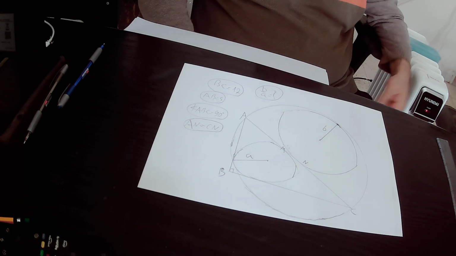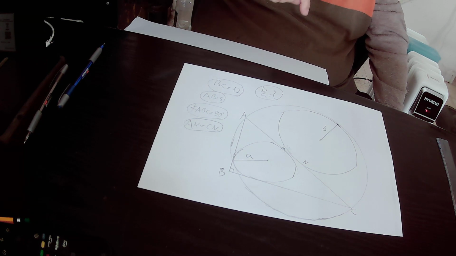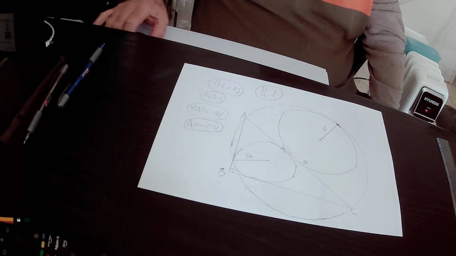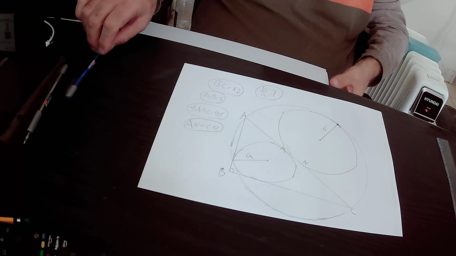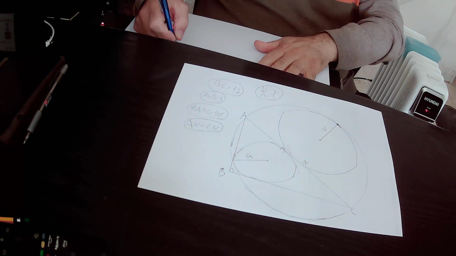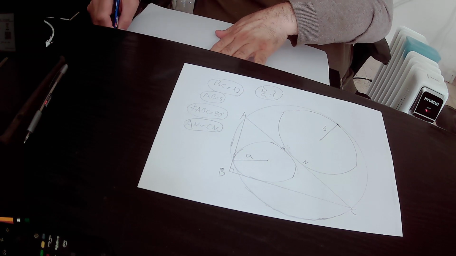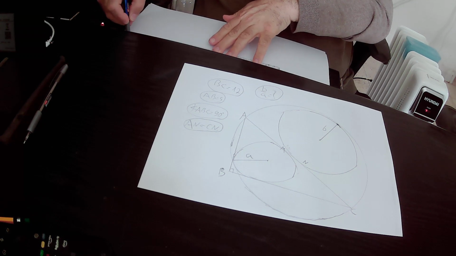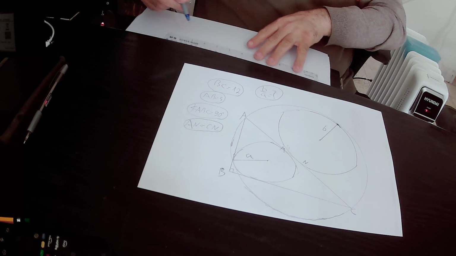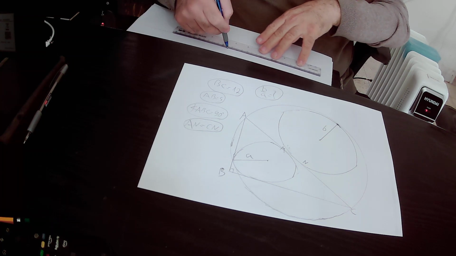So first of all, we implement the Pythagoras theorem on the right triangle ABC. According to the Pythagoras theorem, in any right triangle, the square of the hypotenuse equals the sum of the squares of the perpendiculars.